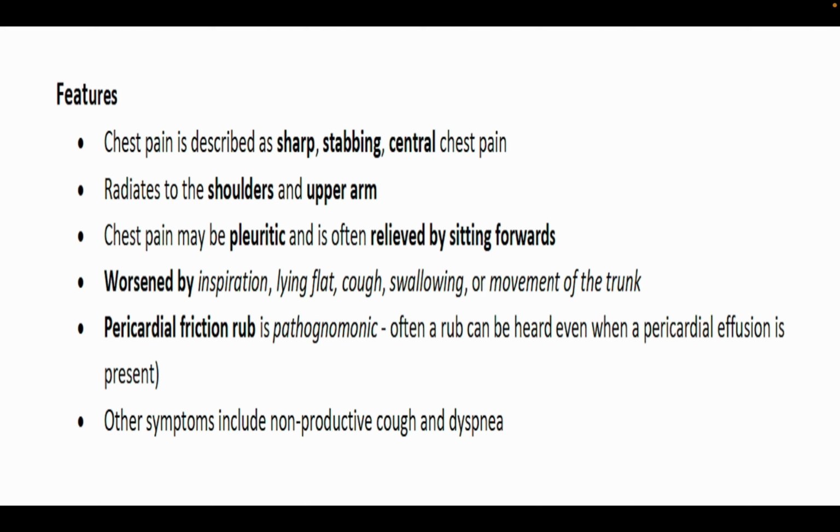It may catch the breath, meaning it is worsened by inspiration and by lying flat, or if the patient is coughing or swallowing. On examination, you may find a pericardial friction rub, which is pathognomonic for pericarditis. The other symptoms may include a non-productive cough or shortness of breath.